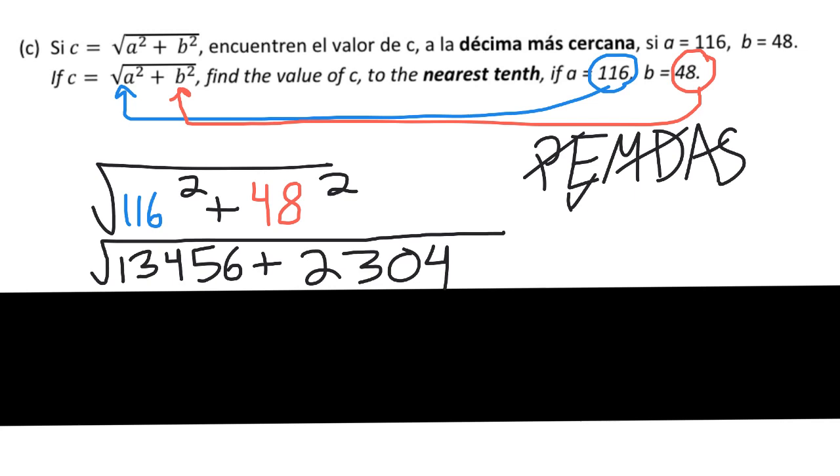So we're going to add those two numbers. 13,456 plus 2304 equals square root of 15,760. Now we're going to take the square root of that number and we should get 125 point, nearest tenth.